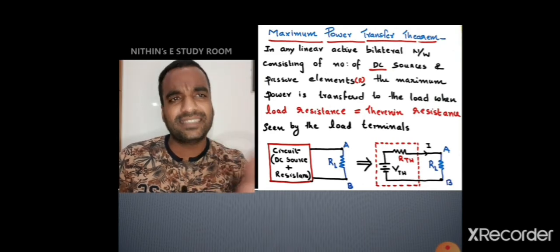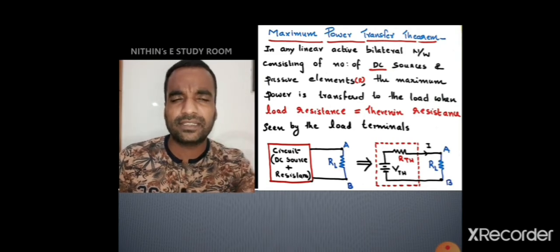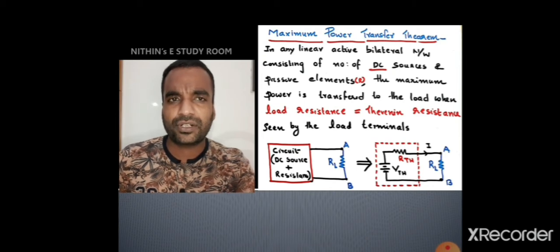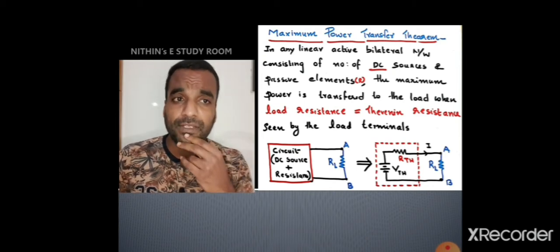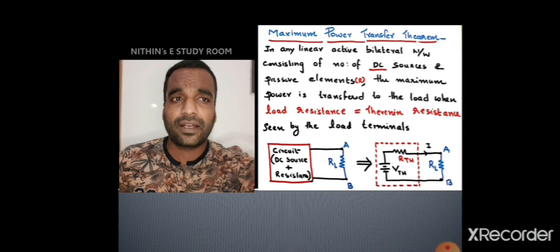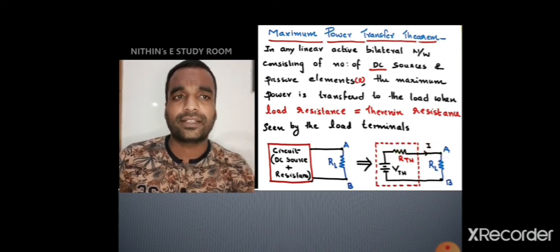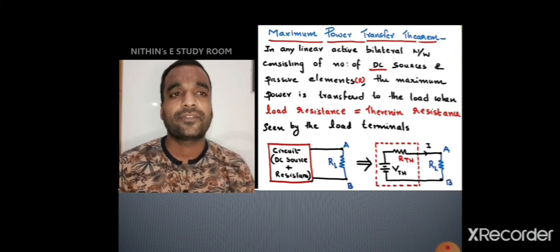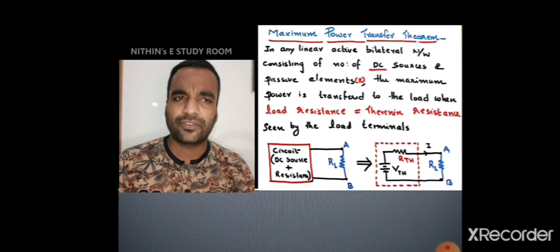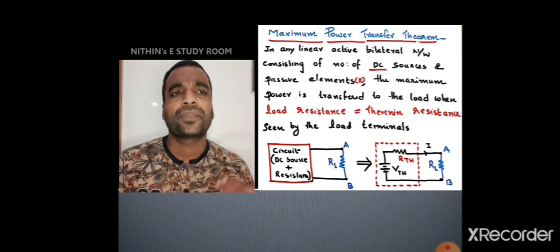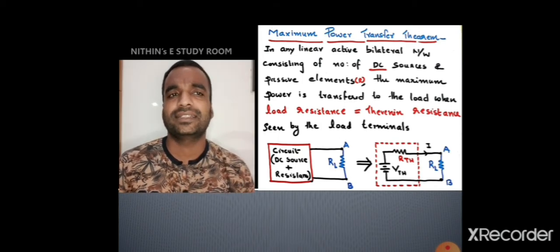That derivation is in the previous video, I think circuits and networks lecture number 10. With this figure, I find the value of I, and calculate the power delivered to RL and when it will be maximum. We will differentiate it and equate it to 0, and by doing that, we will get RL equal to R Thevenin.